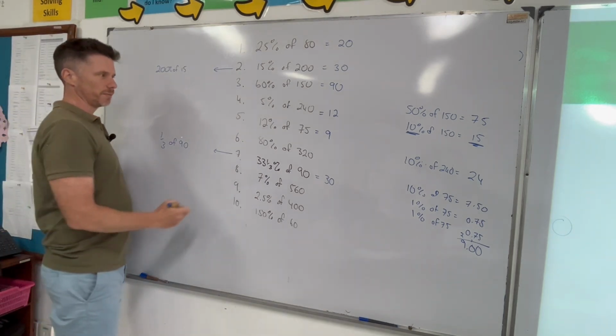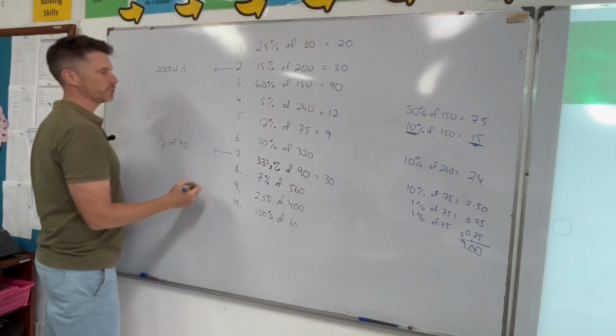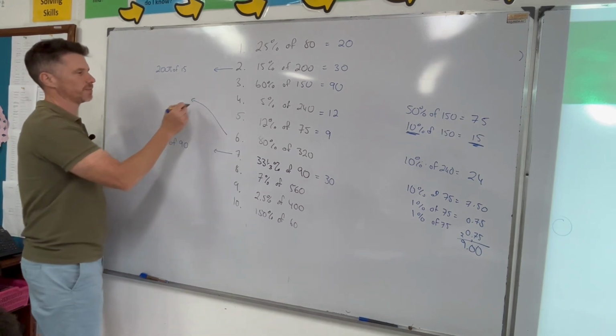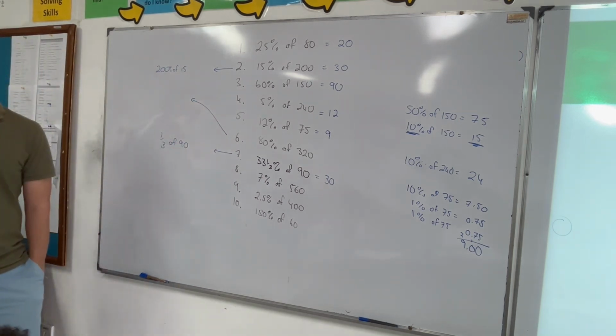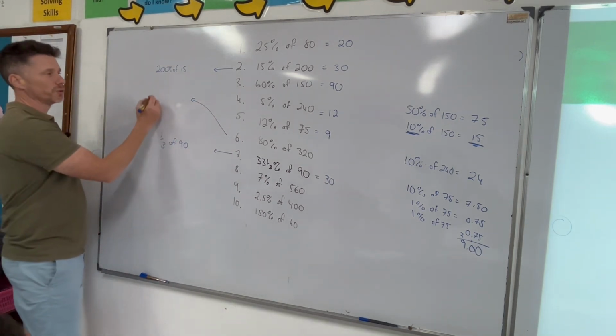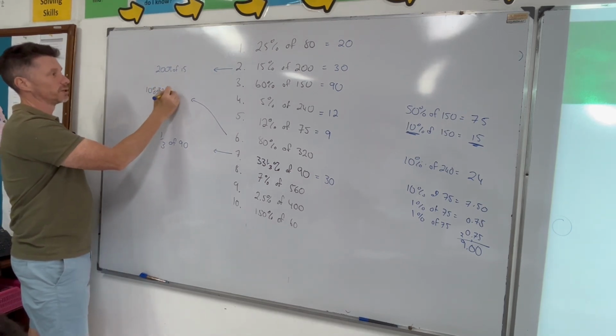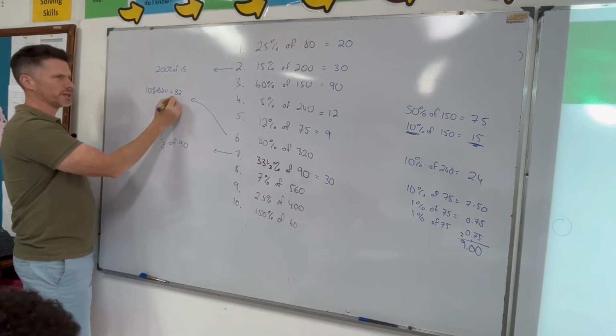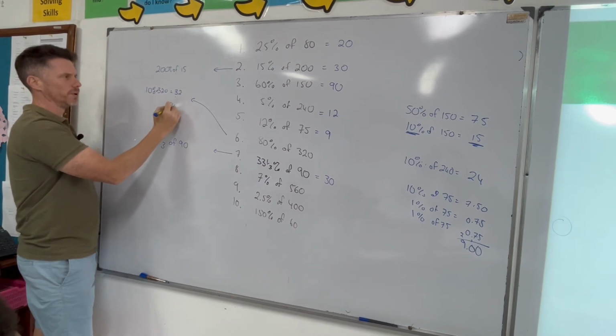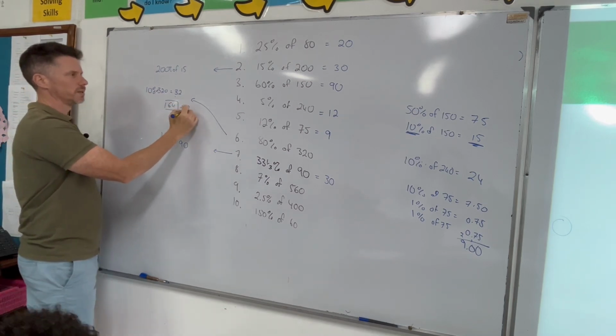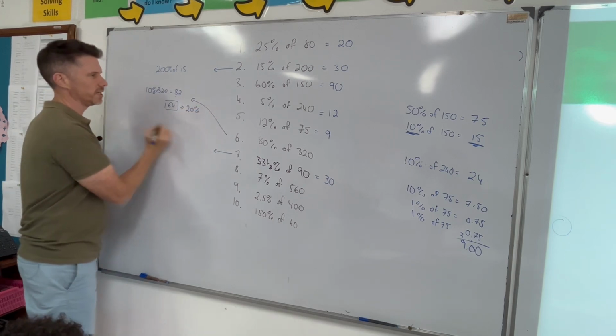Let's do a slightly different method for 80% of 320. Maybe not the easiest method, but I'm going to get 20% and take it away. So 10% of 320 is 32. So 20% is going to be 64. That's 20%. But I want 80%.